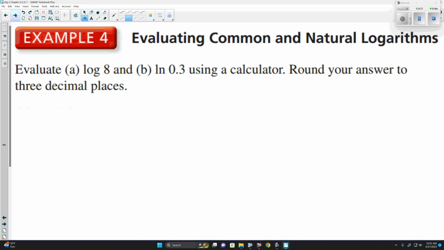Now, we're getting into this here. Evaluate log of 8 or the natural log of 0.3, round to 3 decimal places. These are the common and natural logs because they don't have a base written. It's understood to be 10 for log, e for ln. So the first one, log of 8.